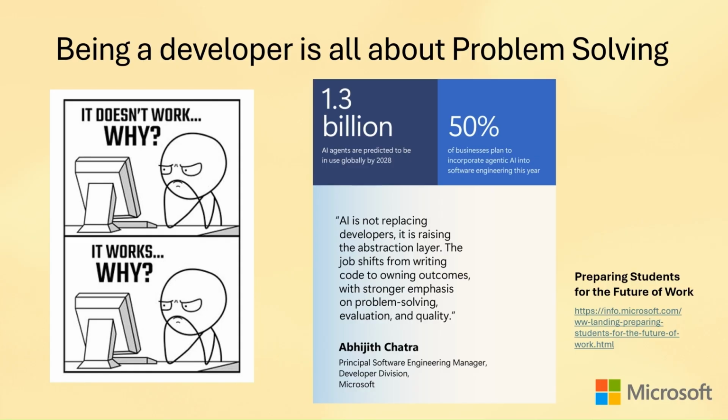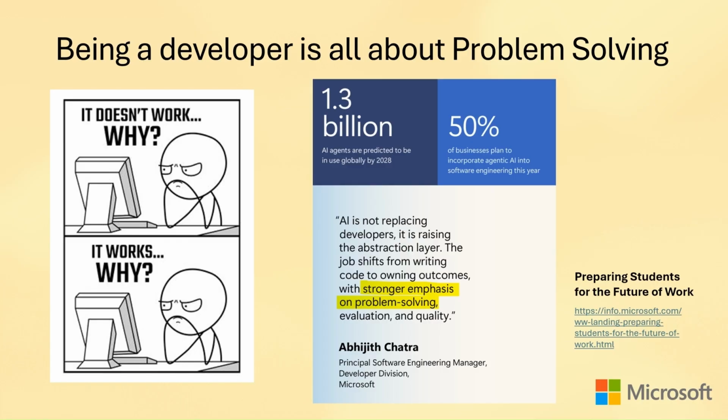But this quote is actually from the engineering manager of MakeCode, Abhijit Chatra, who's been working in software development for over 20 years. He firmly believes that AI is not replacing developers in the workforce, but rather that the skill set of developers will change from writing code to owning outcomes, with a stronger emphasis on problem solving, evaluation, and quality.